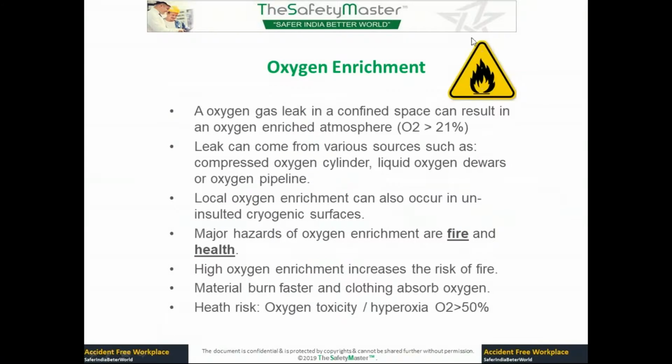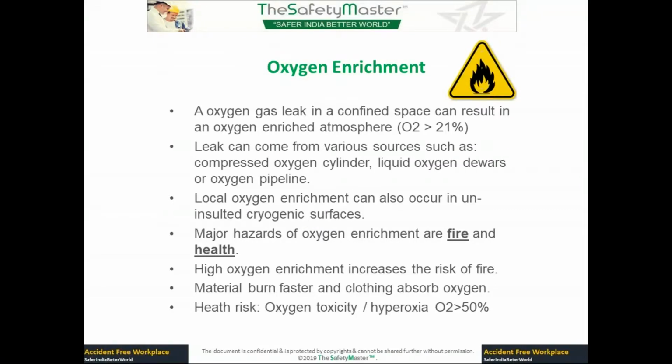Oxygen enrichment, you'll see the symbol, where an oxygen gas leak in a confined space can result in an oxygen enriched atmosphere. Okay, so leaks can come from various sources such as a compressed oxygen cylinder, liquid oxygen dewar, or oxygen pipeline. And then enrichment can also occur on uninsulated cryogenic surfaces.